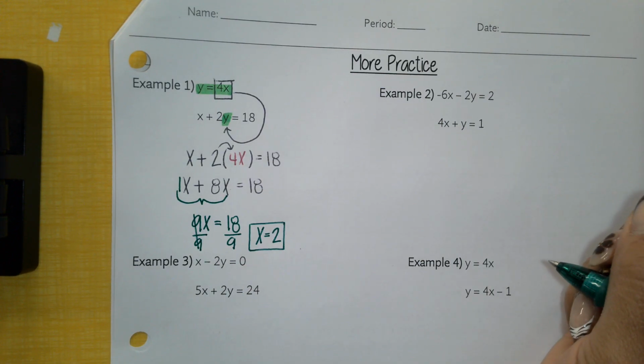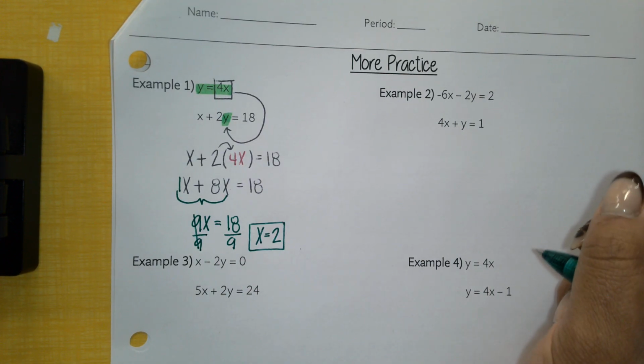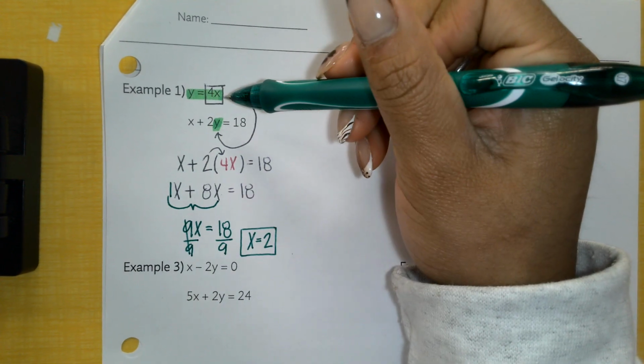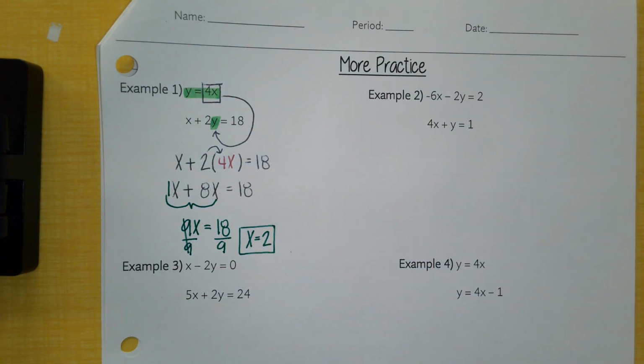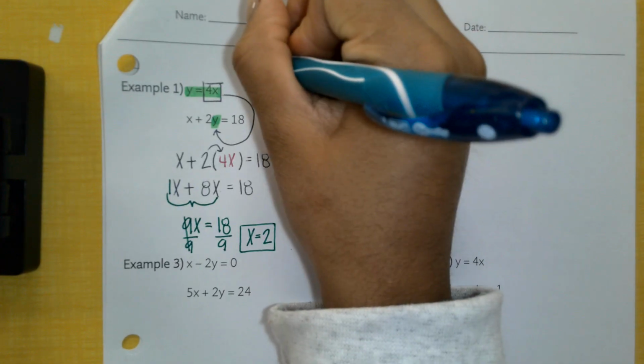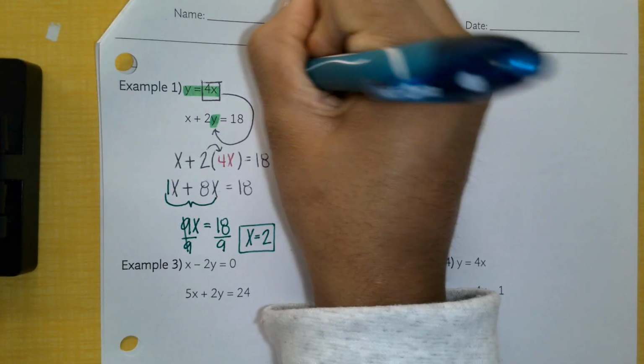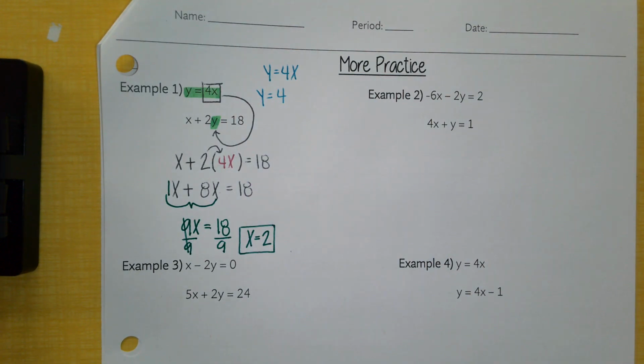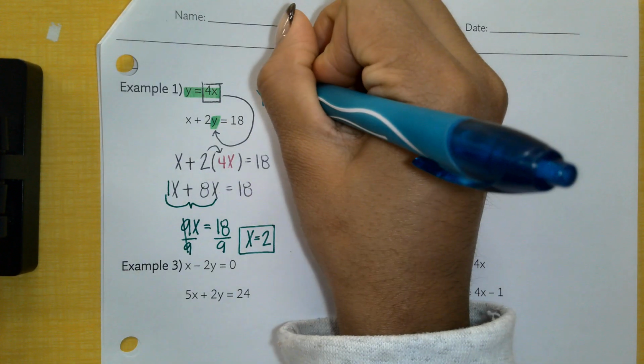So I have my x solved for, but I need my y. If you notice, you already have y equals, so all you have to do is just plug in the 2 for x to solve for your y. So we have y is equal to 4x. So 4 times positive 2.